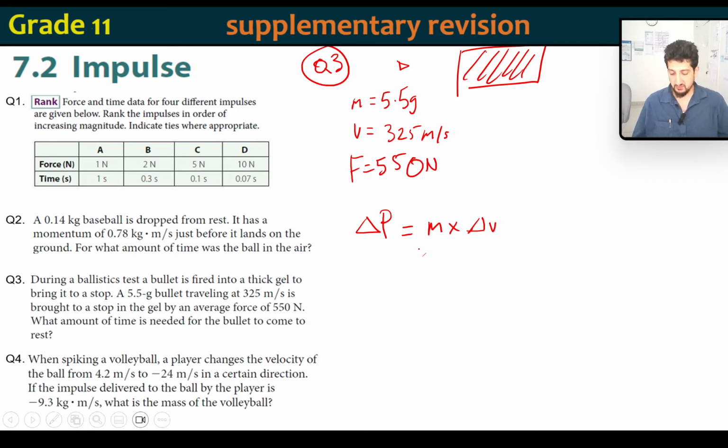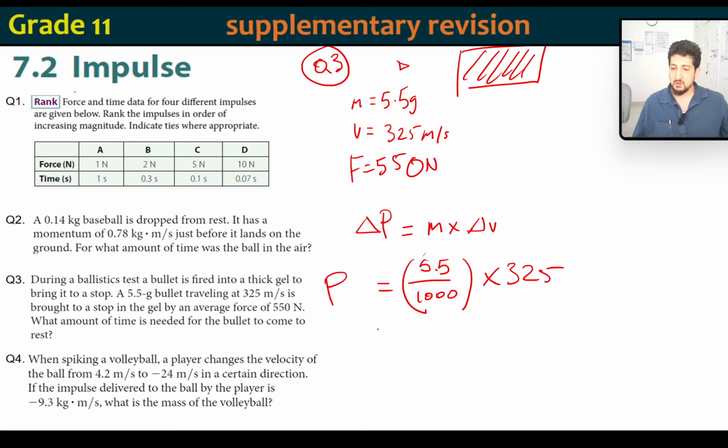So the mass is going to be 5.5 grams over 1,000, because there are 1,000 grams in a kilo, multiplied by 325, and that will give me the momentum. So the momentum is going to be equal to 1.7875 kg meters per second.